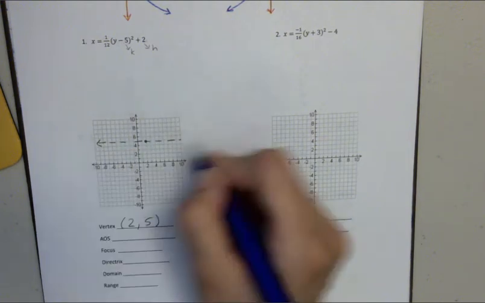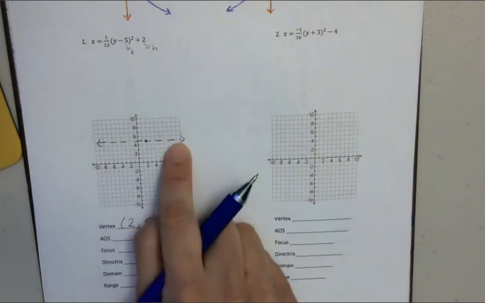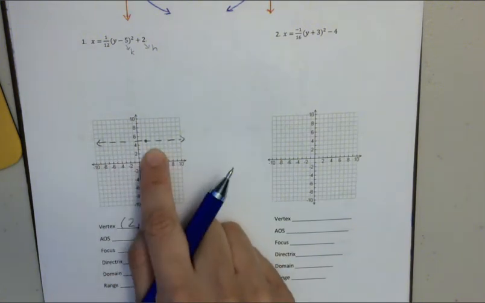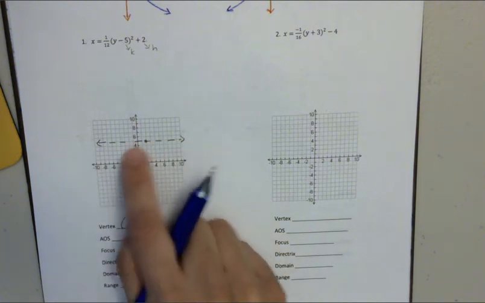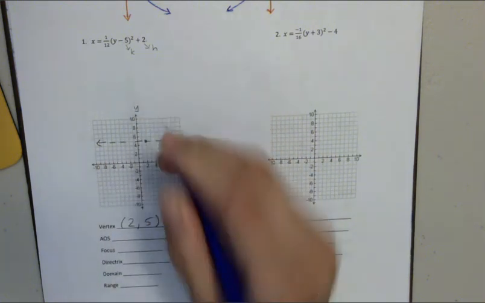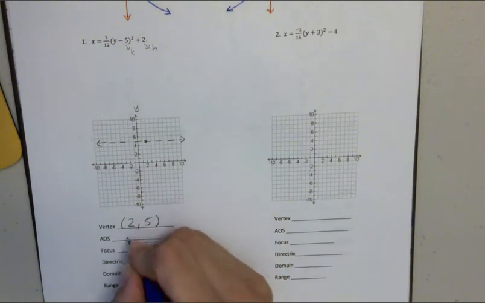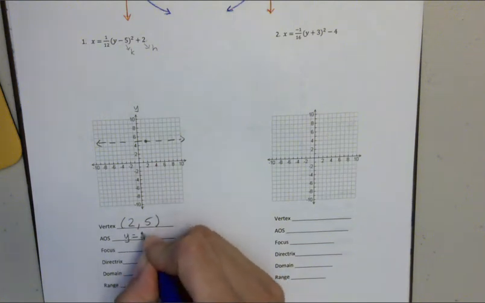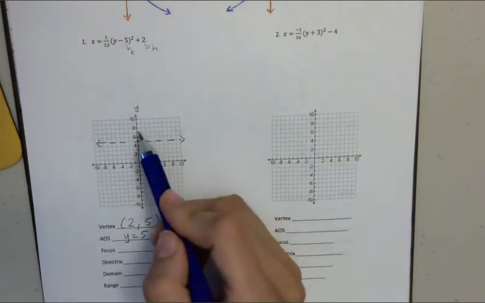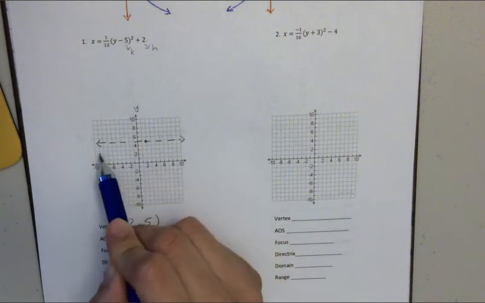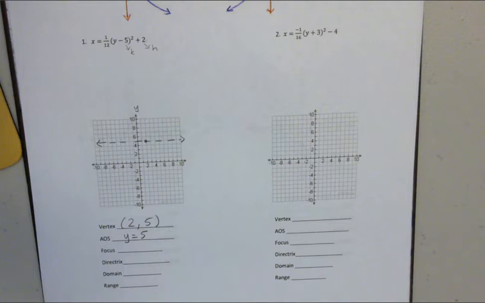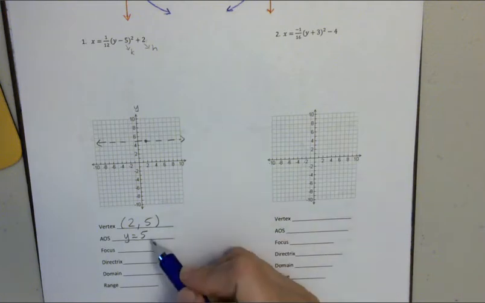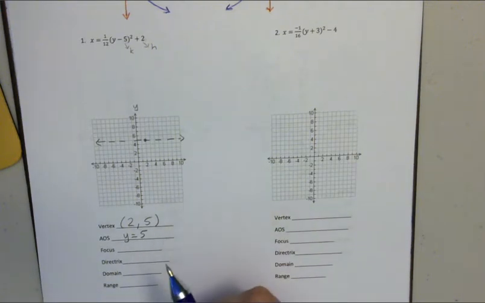Since it cuts through the y-axis, it makes a horizontal line. So the axis of symmetry is y equals 5, because it's a horizontal line going through the y-coordinate of the vertex. Since it's a line, you have to write y equals 5, not just the value of 5.